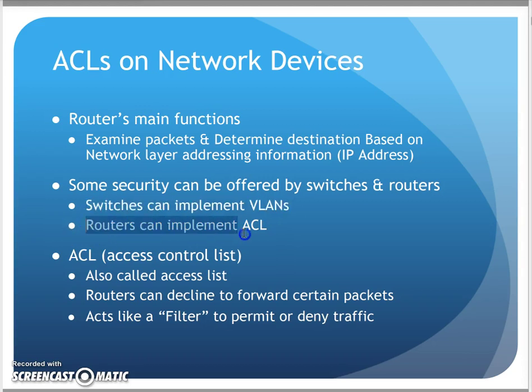And I can also, on my routers and layer 3 switches, put on access lists to say, well, where are you trying to go? Yeah, go ahead. Or where are you trying to go? No, sorry. Okay, so this can add a layer of security, putting an access list on. Routers can forward and deny traffic, and basically act like a filter to pass or deny traffic.